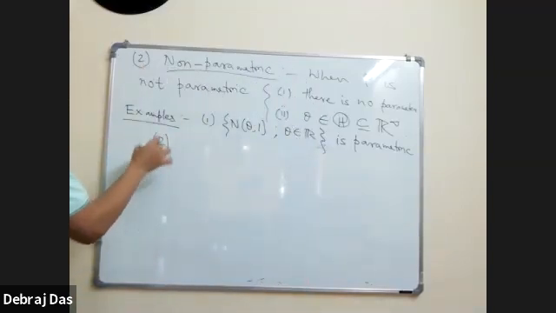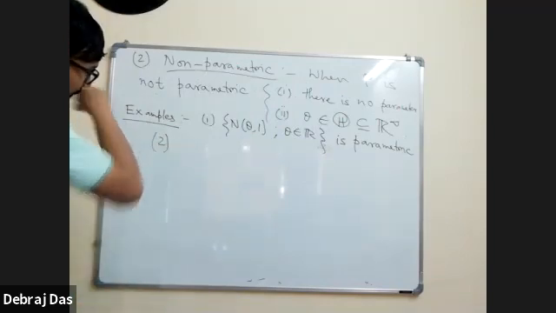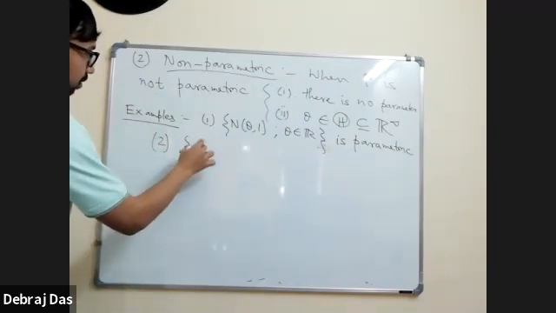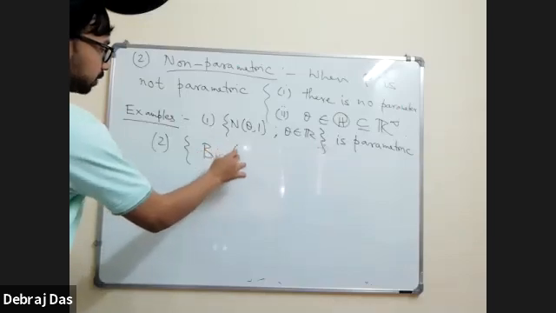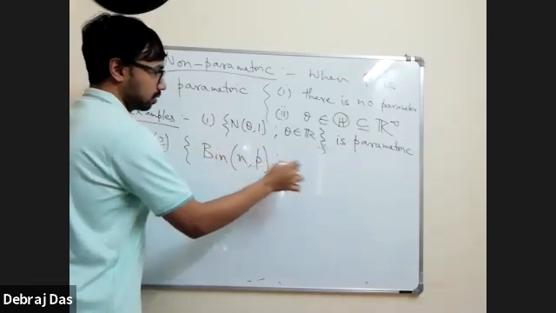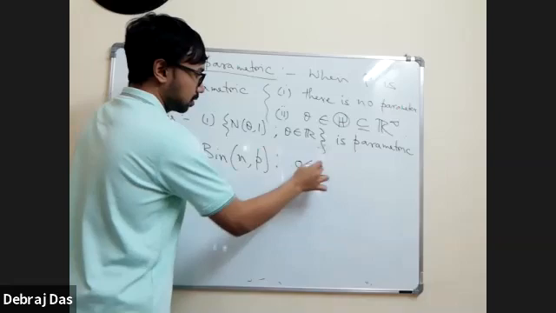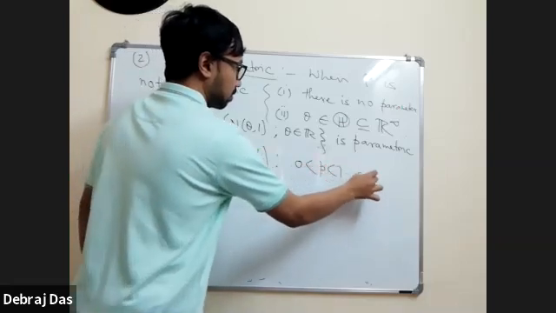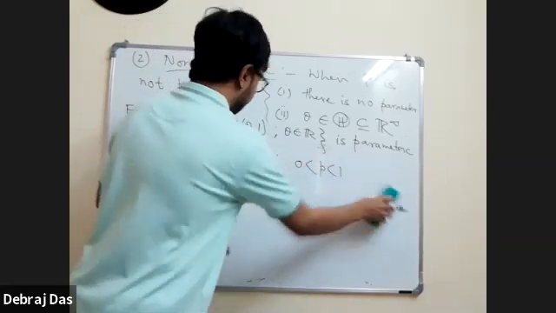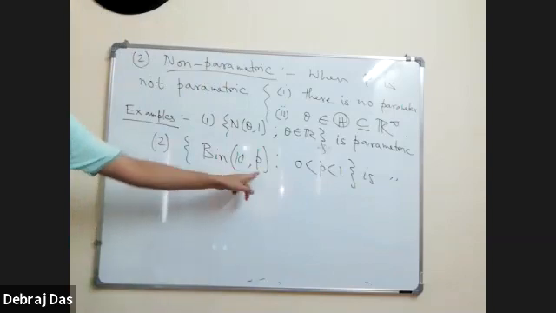Second one, say binomial n, p. So it's parametric because there is only one parameter p.